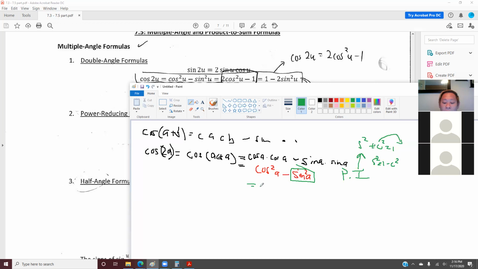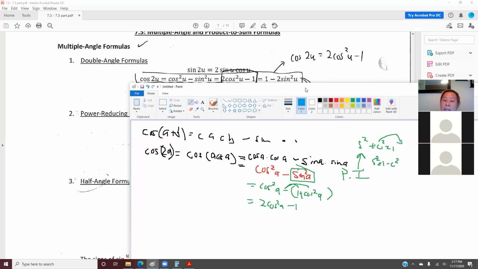So this is actually cosine square A minus parentheses, don't forget that, 1 minus cosine square A. And when you distribute your negative, you find out that this cosine square A is going to be positive. So that's why you will have 2 cosine square A minus 1. So that's how you get this middle one.